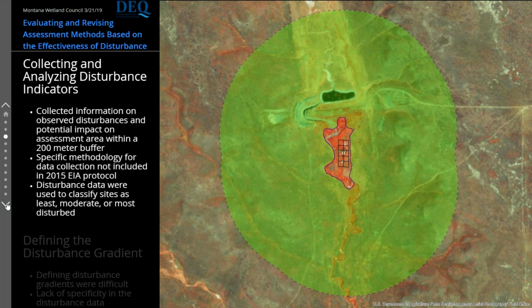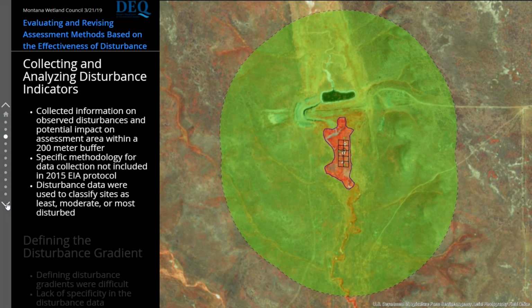What we decided on is that as we walked into a site and were evaluating whether the site was able to be assessed, we would take a cursory walk around the buffer as we went to the center point. And then as we were setting up our analysis area, we were also looking at what stressors or disturbances are present, and we made a note of those on the checklist. Okay, this disturbance is present, this one is present, this one is present.